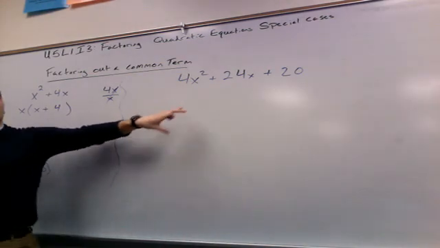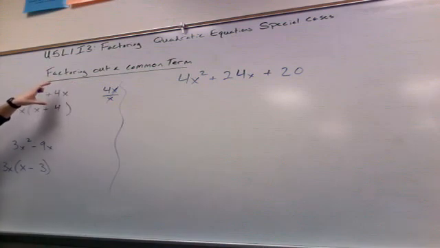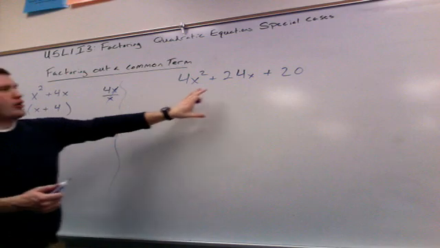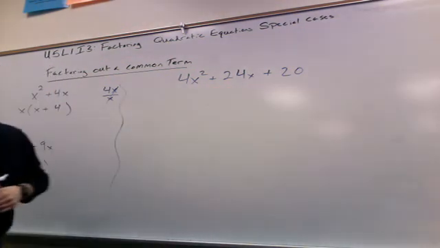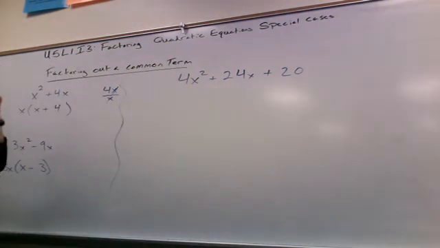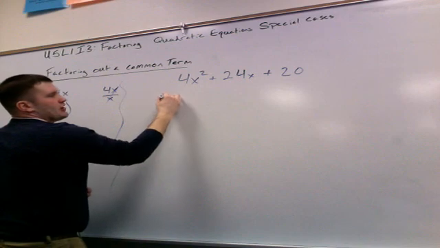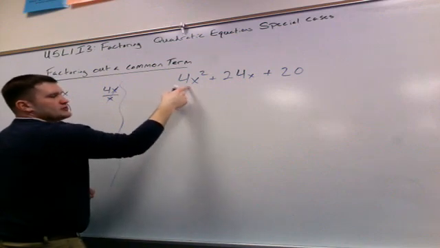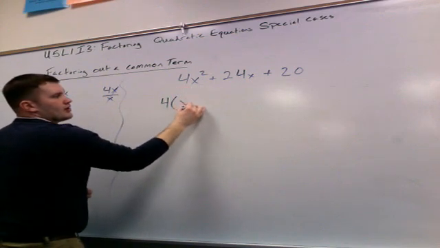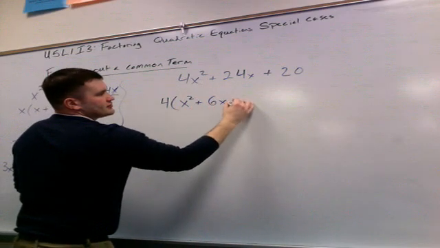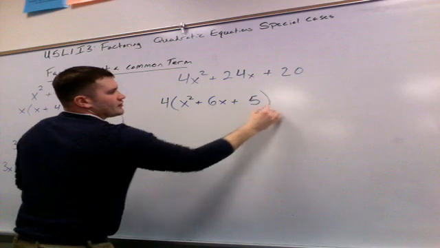Now, factoring out the common term can help us here too. If I look at all 3 of these numbers, you'll notice they're all even, but there's a common term. What is it? 4. I can take a 4 out of each of these. So then we have 4 times x squared, minus 6x, plus 5.